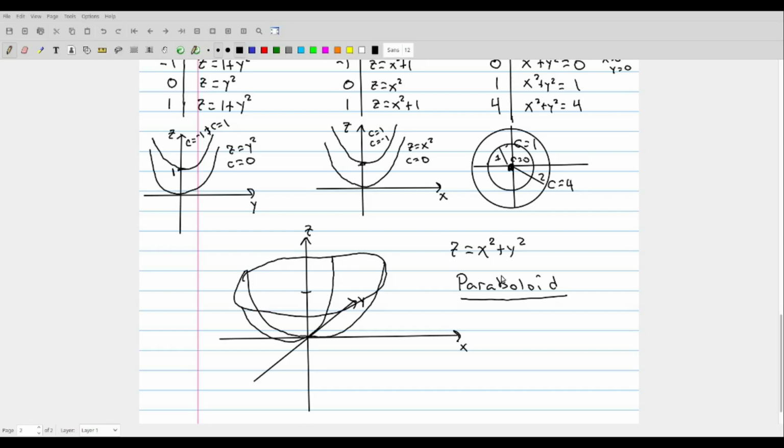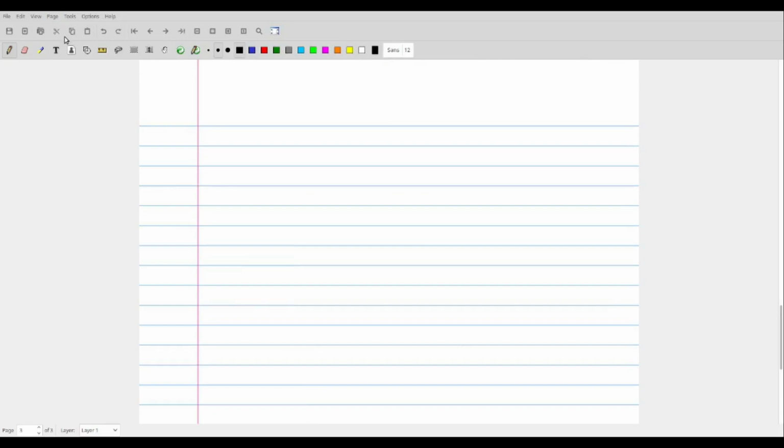Let's do this again for another relatively simple example, but it's going to be a little bit different than x squared plus y squared, and it's going to generate a completely different shape. So we'll do the example z is equal to x squared minus y squared.